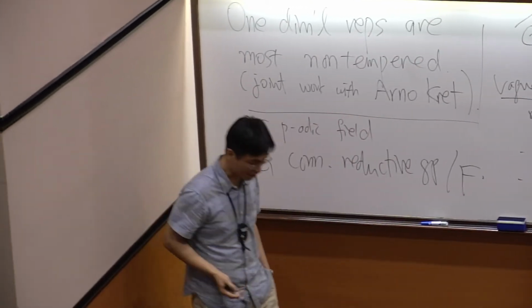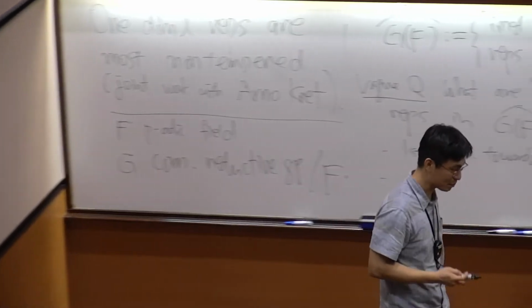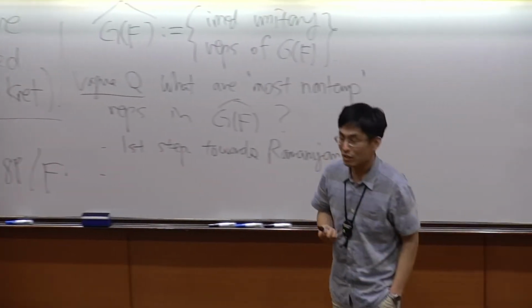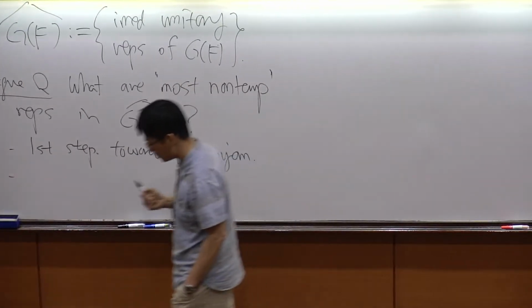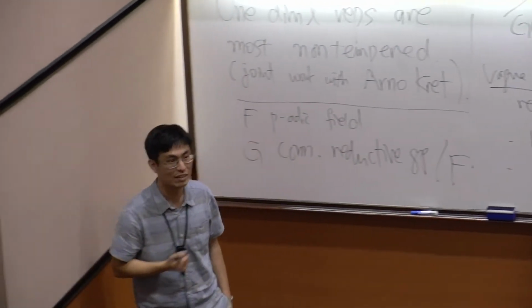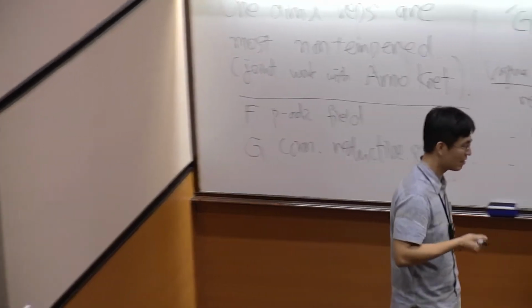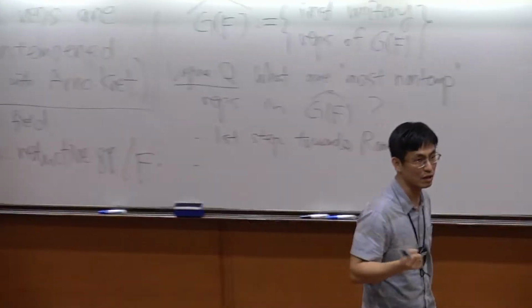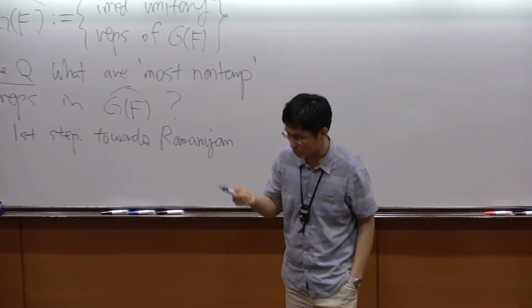Another motivation is a little bit vague, but we've seen some sort of asymptotics on the geometric side of the trace formula, and the general philosophy there is that the dominant term comes from central elements on the geometric side.